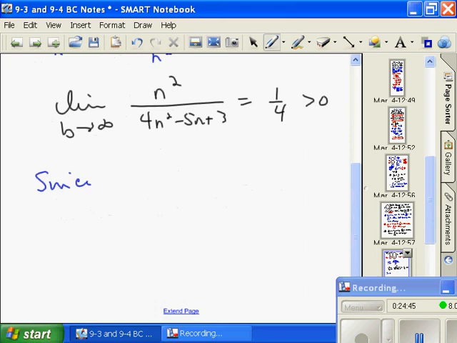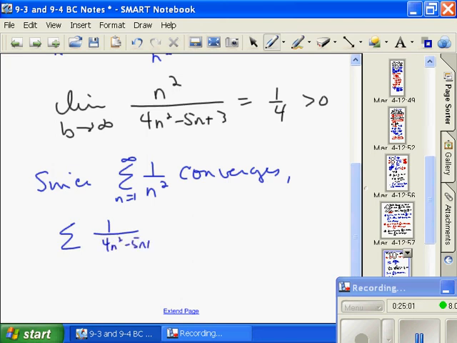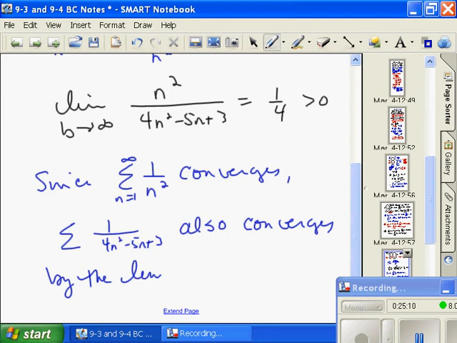Since we had the summation of 1 over n squared converging, where n goes from 1 to infinity, then I know that the summation of my a sub n, which is 1 over 4n squared minus 5n plus 3, also converges by the limit comparison test. There you go.